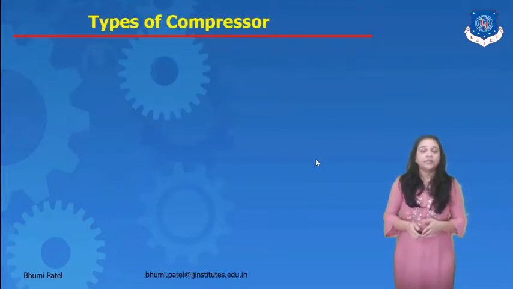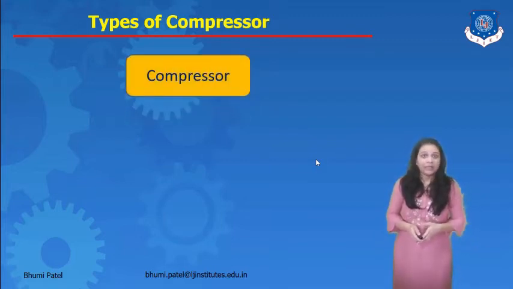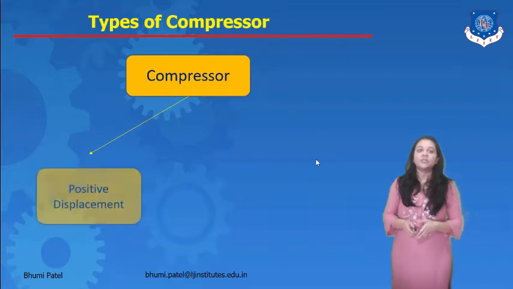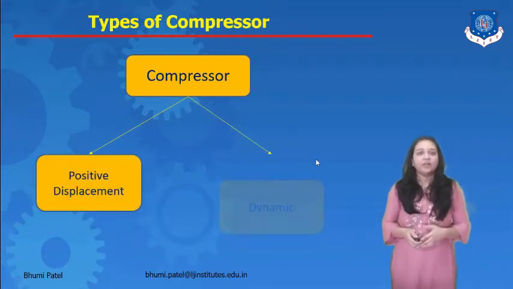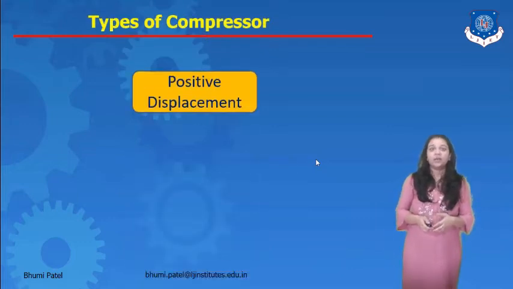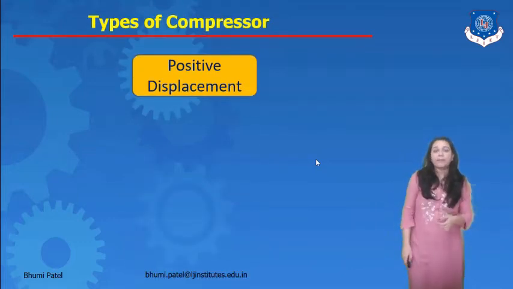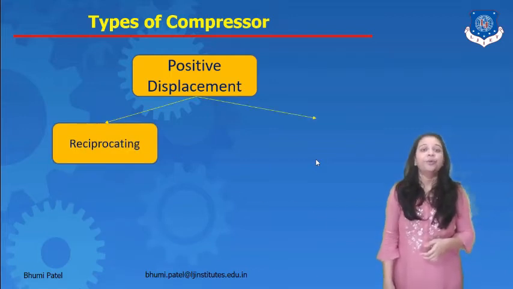Now this is the classification of the compressor. As you know, compressors are mainly classified into two types. The first one is the positive displacement and the second one is the dynamic compressor. Depending upon the application, the positive displacement compressors are classified into two types.